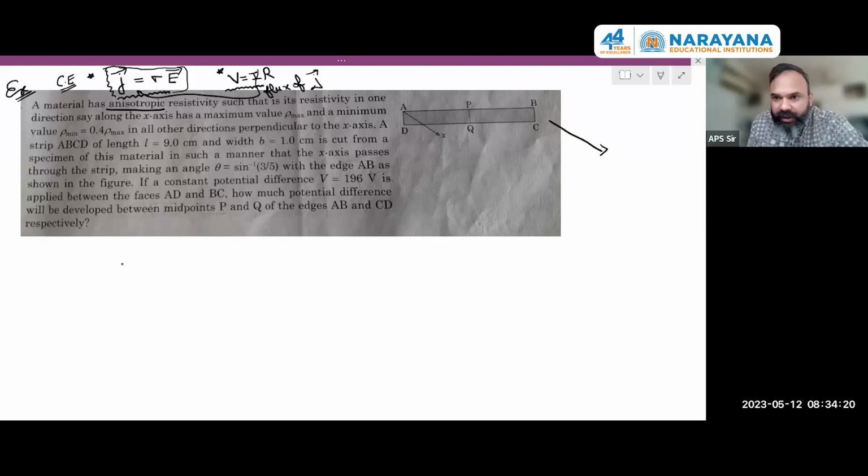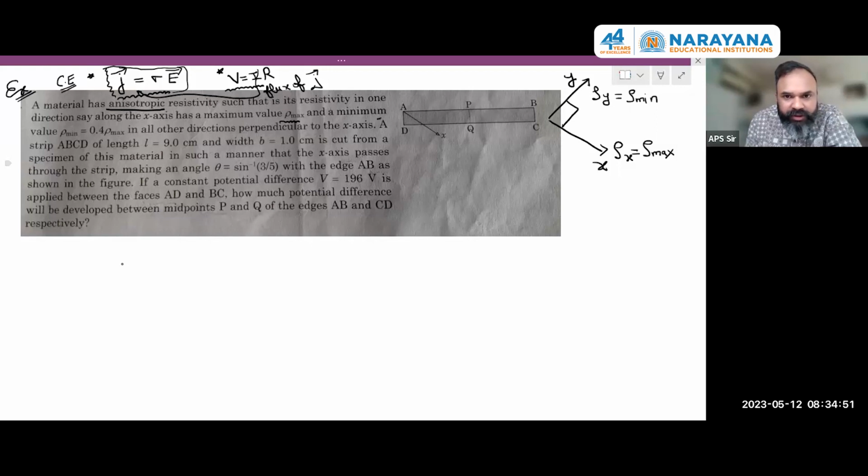Remember x and y are lying in the plane of this object. So along x and along y, which are mutually perpendicular, we have different resistivities. He's defining rho along the x direction as some rho max, and the resistivity along the y direction as some minimum value rho min. That I will use in the later part of the solution.